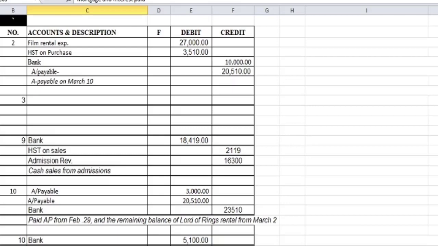So we'll have to debit two accounts. One will be a bank account and one will be accounts receivable. So we will do half and half. Right. So 1,530 divided by 2 for the bank, and the other half for accounts receivable. And then we'll credit the concession revenue for 1,530.